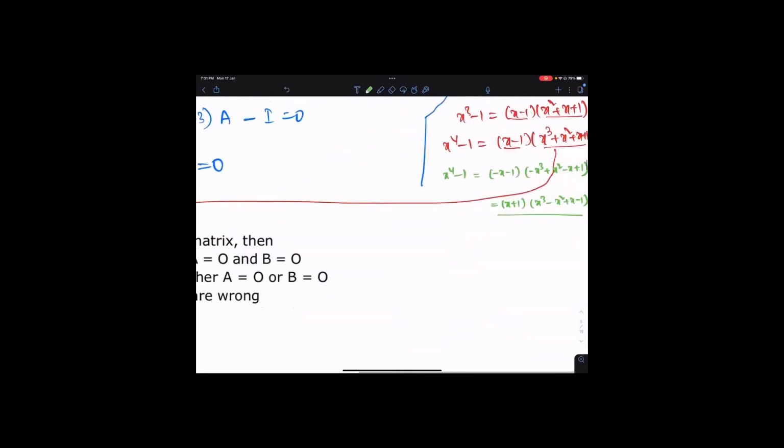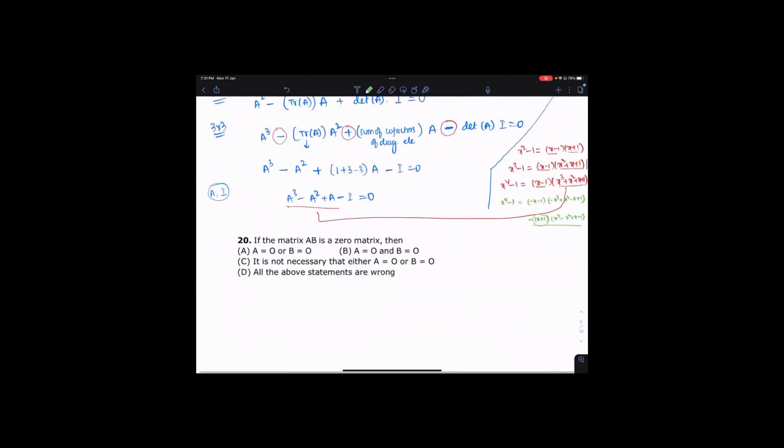Okay, what you do now? You multiply with x plus 1. That means multiply with a plus I on both sides. One is like I. 0 into a plus I. 0 into any matrix will be 0. So what is a plus I into?